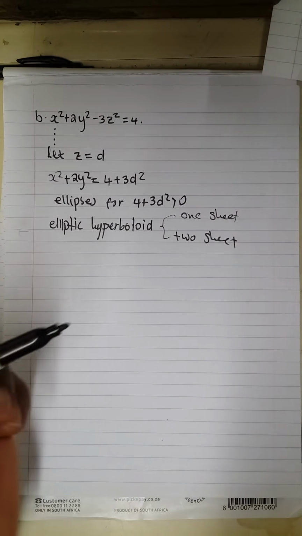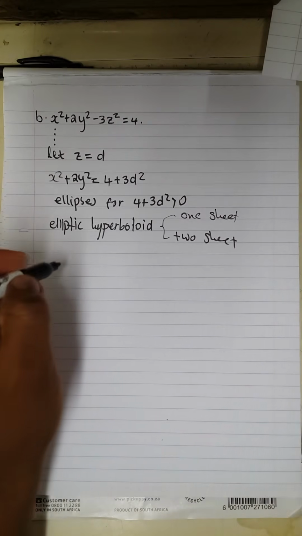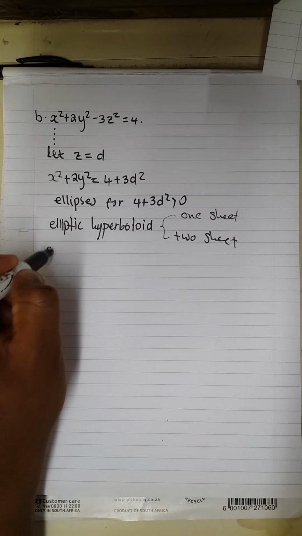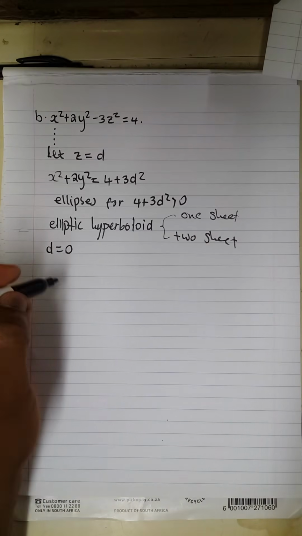The way in which we're going to determine that is to find what happens when d is equal to 0, like at the axis.